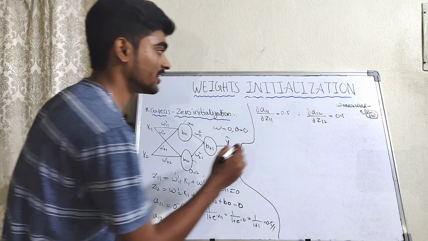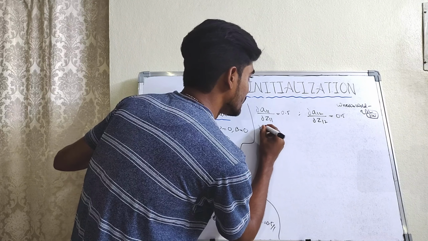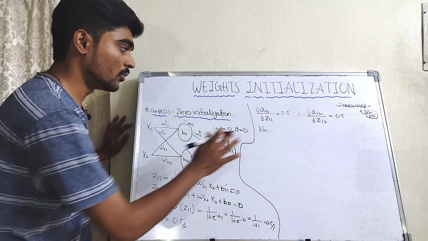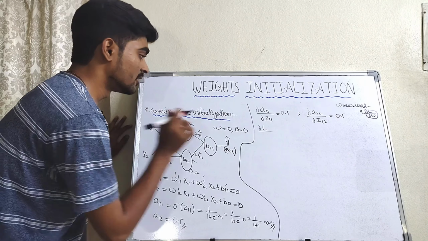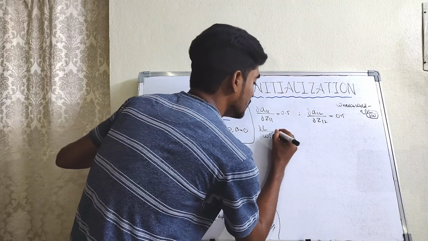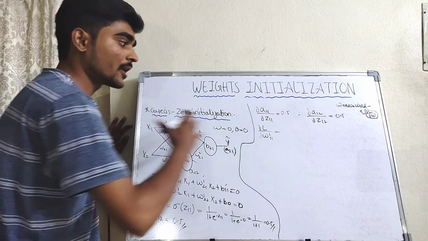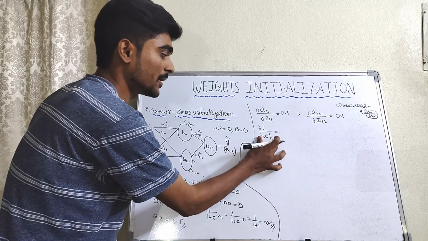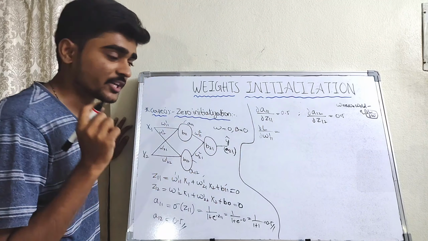Now let us calculate. First, the gradient dou L by dou w111. We need to expand this gradient using the backpropagation chain rule.